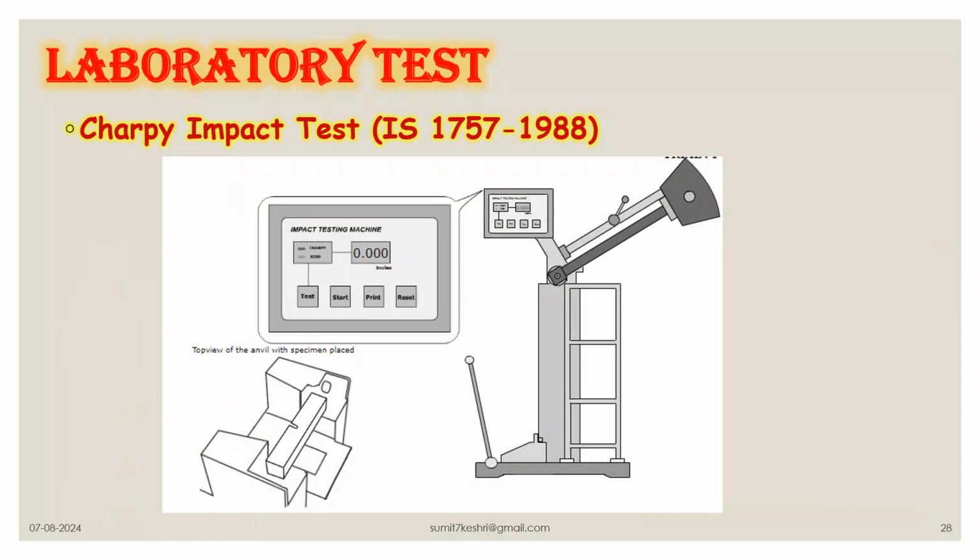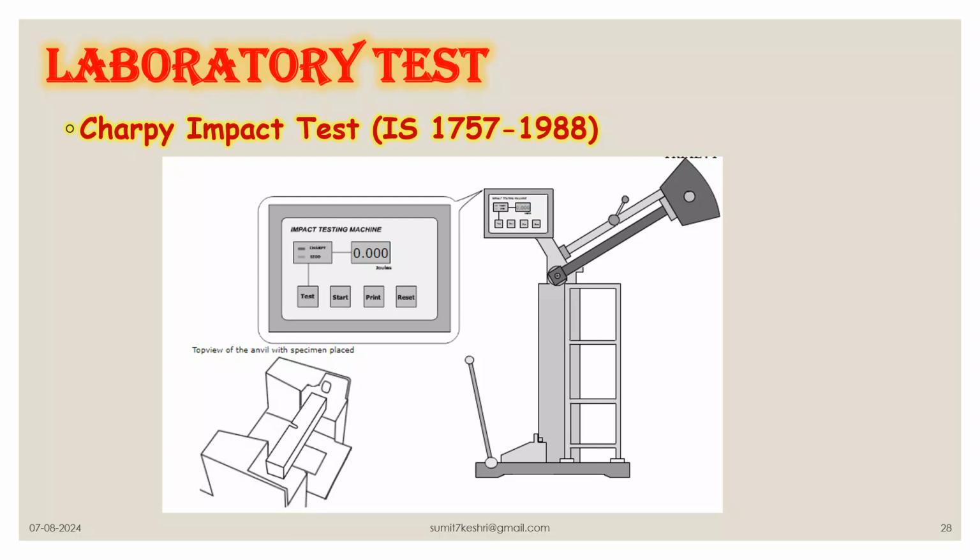In the Charpy test, the hammer is at an angle of 145 degrees with the horizontal as shown in this figure. But in the Izod test, we saw the hammer is placed at 90 degrees with the horizontal. So if we compare both the tests, we can clearly say the energy in the Charpy impact test will be higher than that of the Izod test.